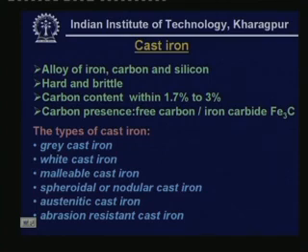However, we do have different types of cast iron available. Now, what are those cast irons? They are grey cast iron, white cast iron, malleable cast iron, spheroidal or nodular cast iron, then austenitic cast iron and abrasion resistance cast iron. So, these 6 types of cast irons are generally used for engineering applications.